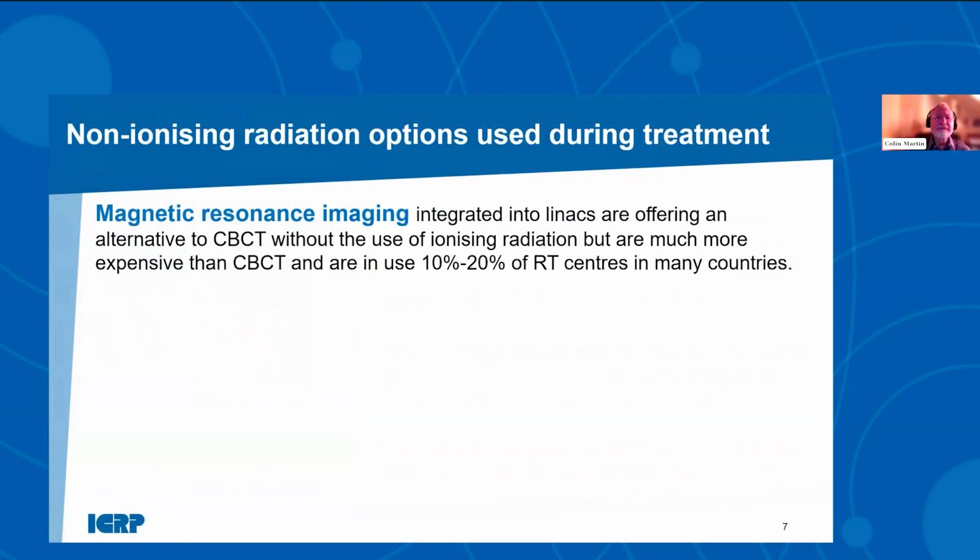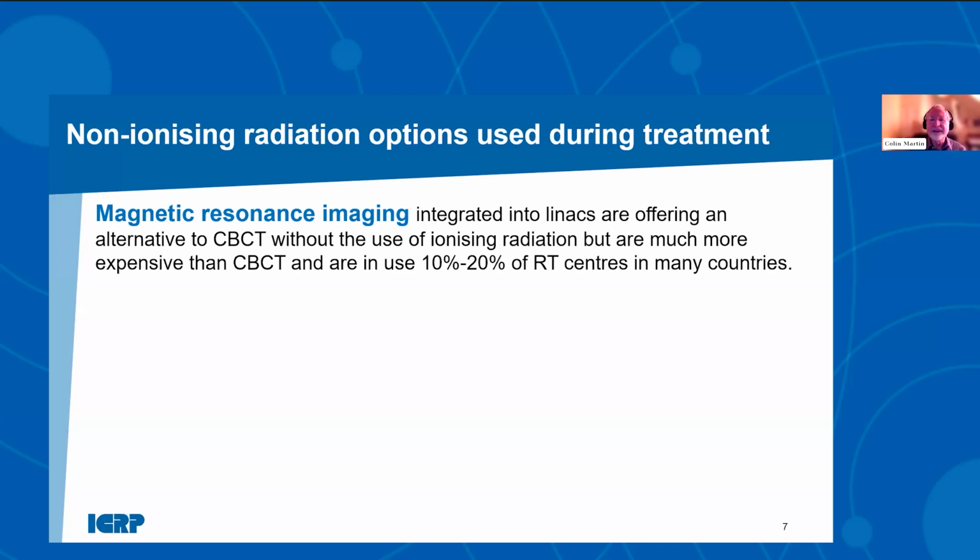So I said the cone beam CT, which is an ionizing technique, is predominantly used, but there are non-ionizing ones. Magnetic resonance imaging is integrated into some linear accelerators, offering an alternative. And this is used in about 10 to 20% of radiotherapy centers in many countries.